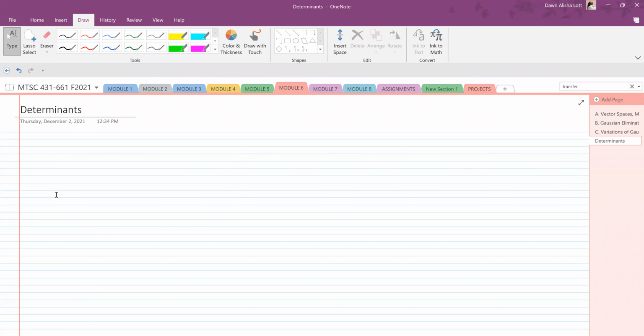We also know from before, theorem, that A is non-singular if and only if the determinant of A is not equal to 0.